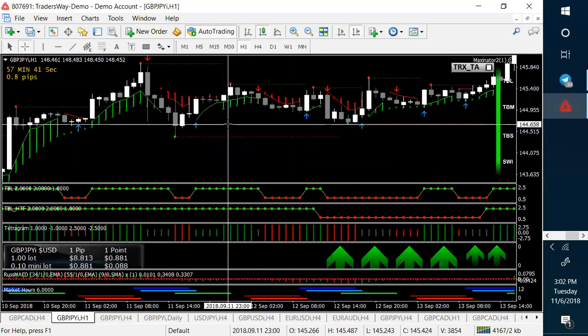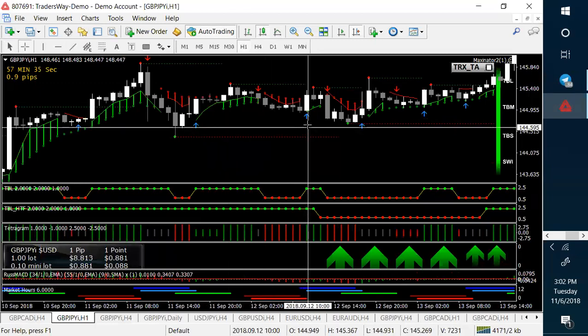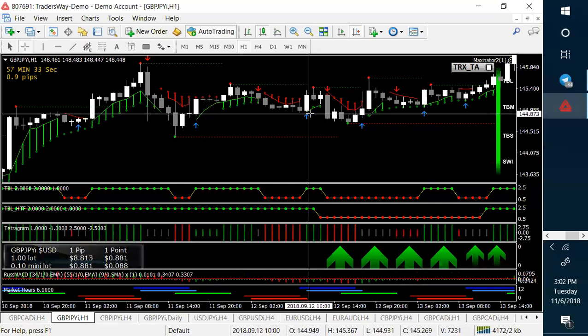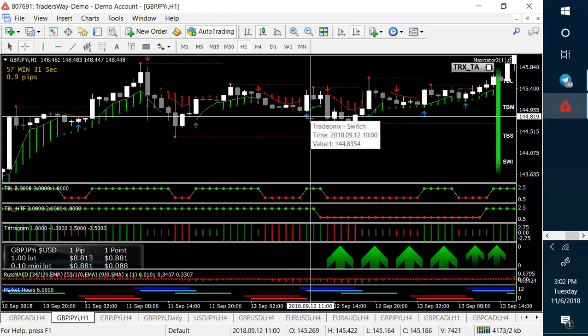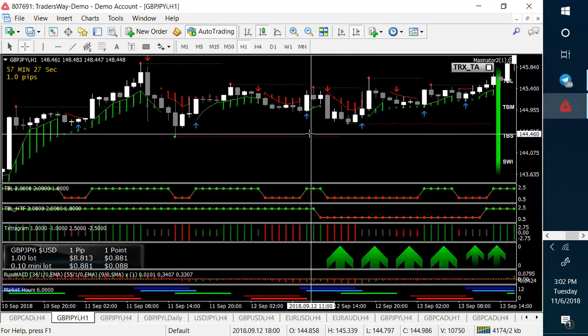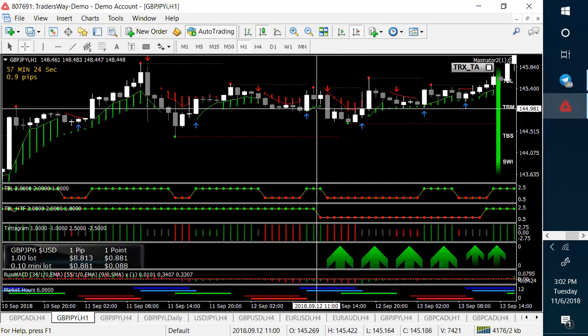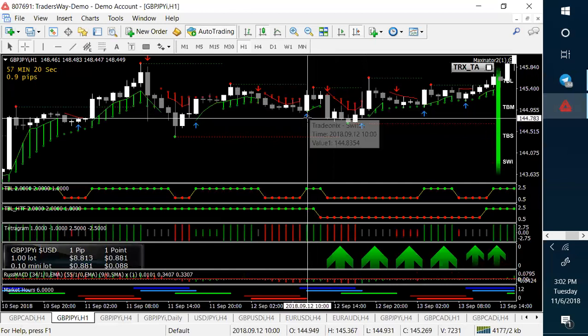Okay, let's look at September 12th at 1000 hours. It's right here. This one is saying go long, of course, because we're only looking to go long. We're ignoring all the signals to go short. The trend bias short and medium are saying yes.